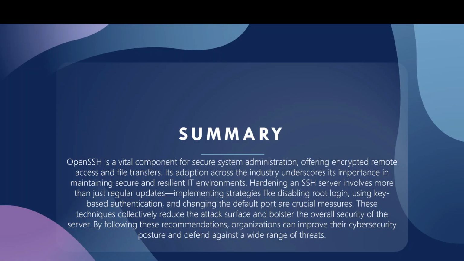Implementing strategies like disabling root logins, using key-based authentication measures, and changing the default ports are crucial measures that can help ensure security. These techniques collectively reduce the attack surface and bolster the overall security of the server. By following these recommendations, organizations can improve their cybersecurity posture and defend against a wide range of threats.